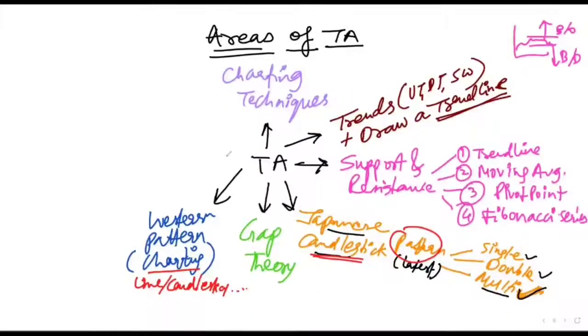Another study in technical analysis is of the technical indicators. Now, what are technical indicators? Let's try and find out. So technical indicators are actually formulas which you put on the price data.